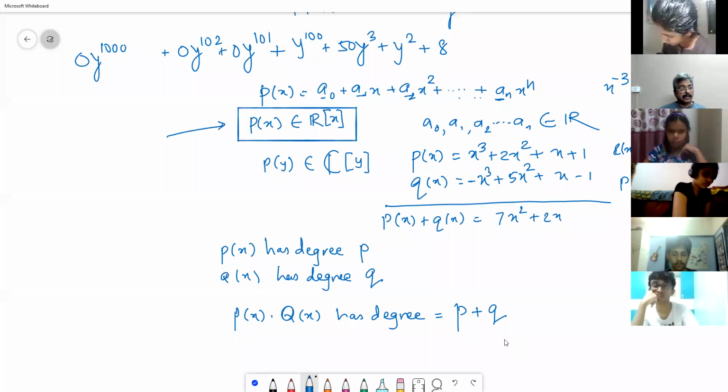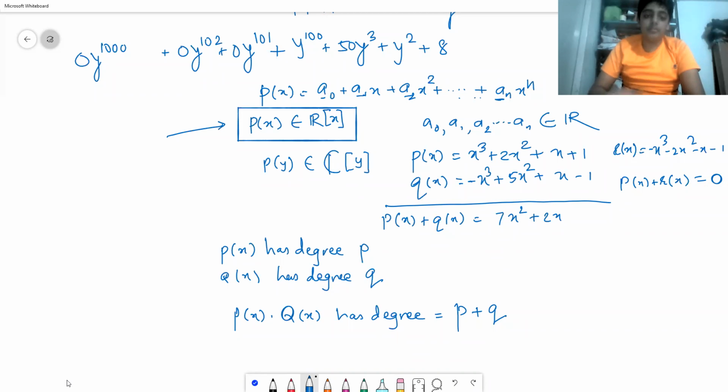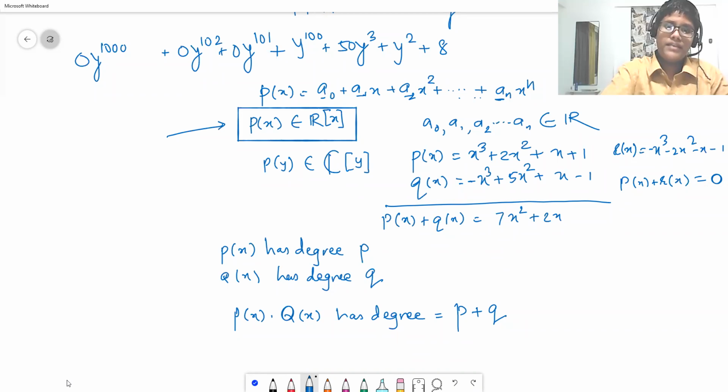If P of x is a polynomial with any of these P and Q being 0, is P plus Q not going to work? Will it work? No, sir, it would be 0. The only case will be if P of x or Q of x, if either one is 0, then the product will be 0.